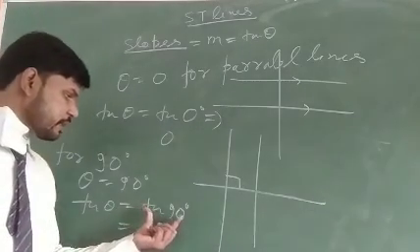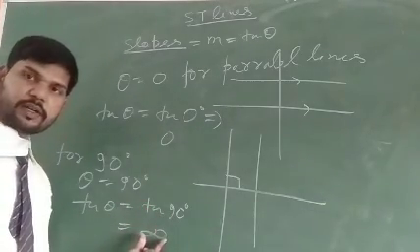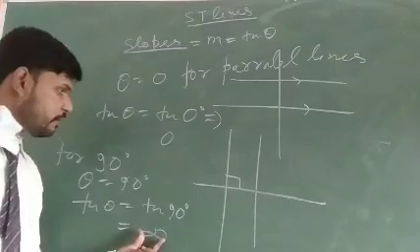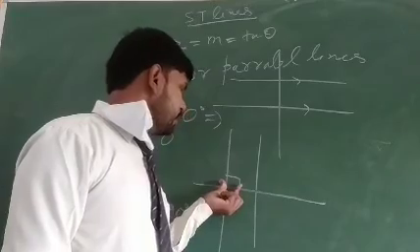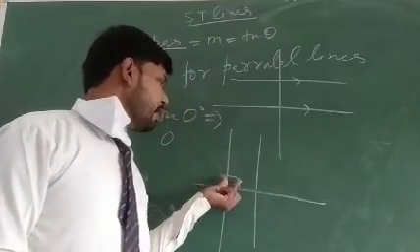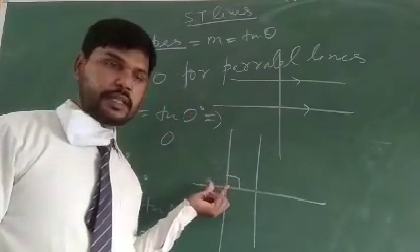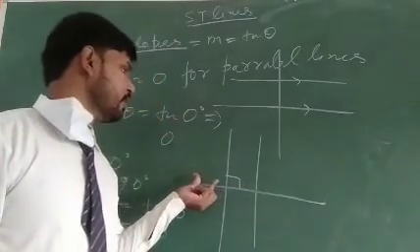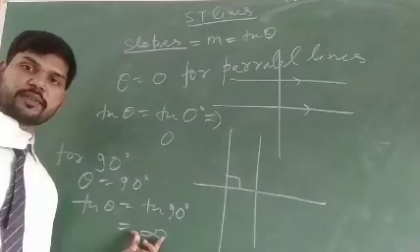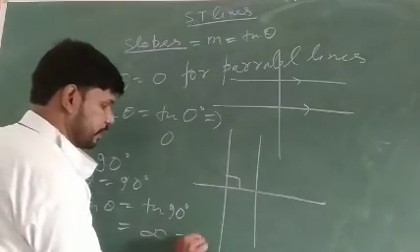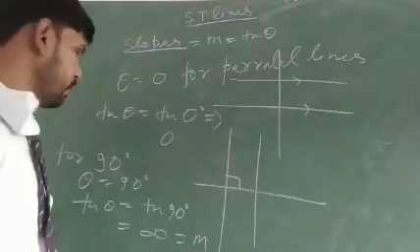This line has a 90 degree angle with the positive direction of x-axis, so the slope will be not defined.